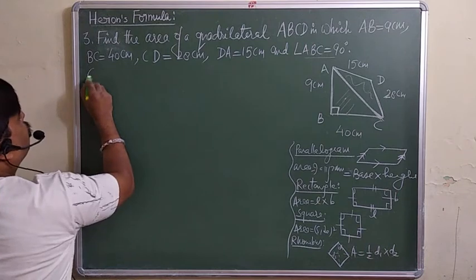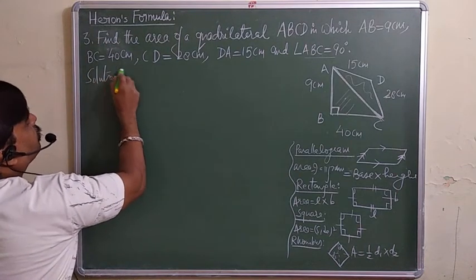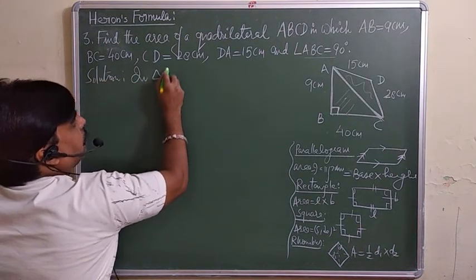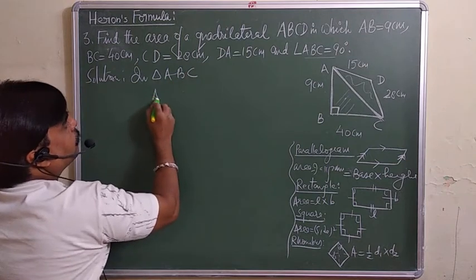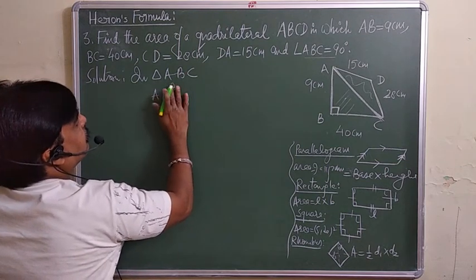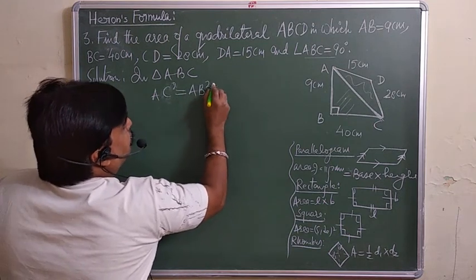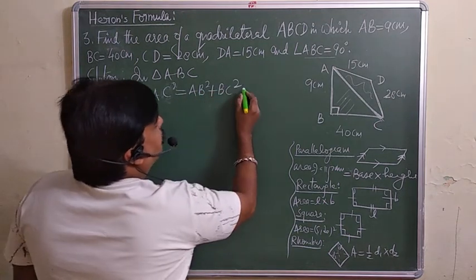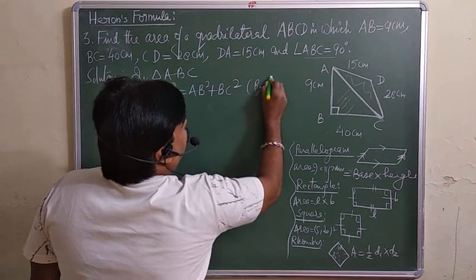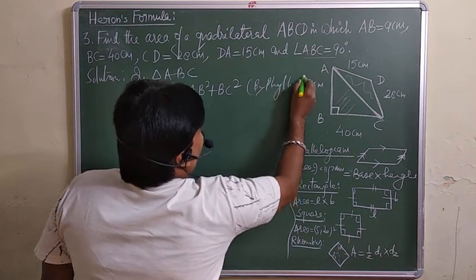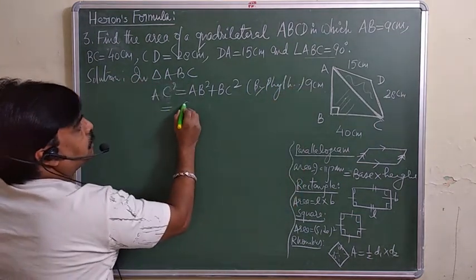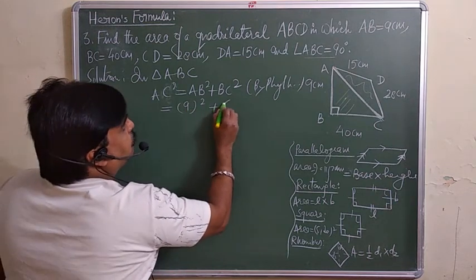So first of all you must take this triangle. In triangle ABC, you can apply the Pythagoras. AC square is equal to AB square plus BC square, that is by Pythagoras. So AB is, we know that is 9 whole square, BC is 40.